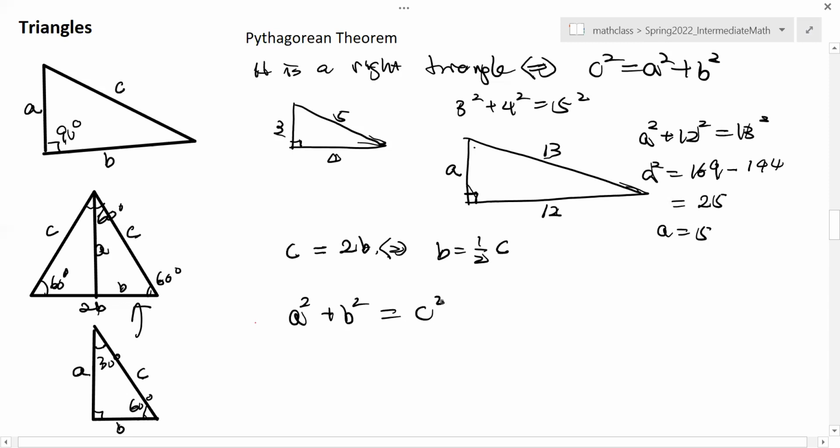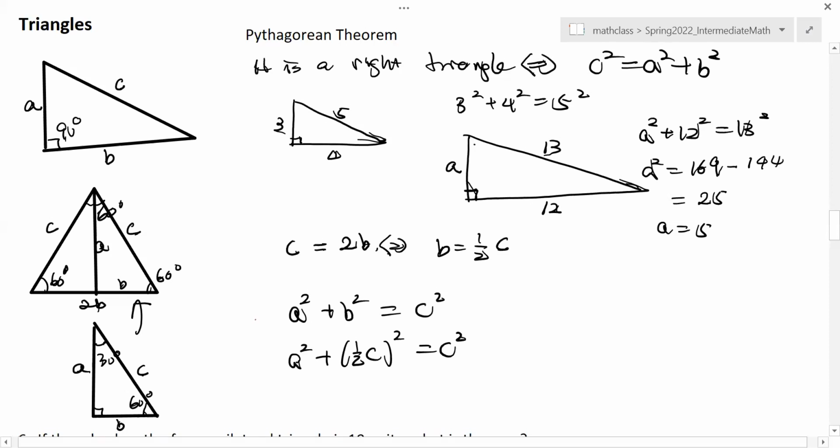All right, so a squared, b is half of c already. We already know that. So from here, you can solve for a. So a squared equals c squared minus (1/2 c) squared, which is a quarter c squared. Then you do the subtraction: 1 minus a quarter is going to be 3/4.